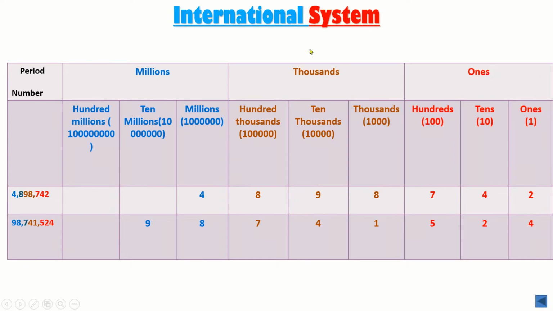The next period is thousands, consisting of 3 place values, 1,000, 10,000 and 100,000. The next period is millions, consisting of 3 place values, 1 million, 10 millions and 100 millions. In the international system, each period has 3 place values. We have to put the commas after every 3 digits from the right.